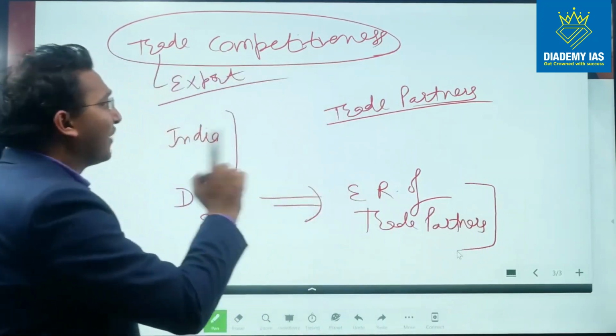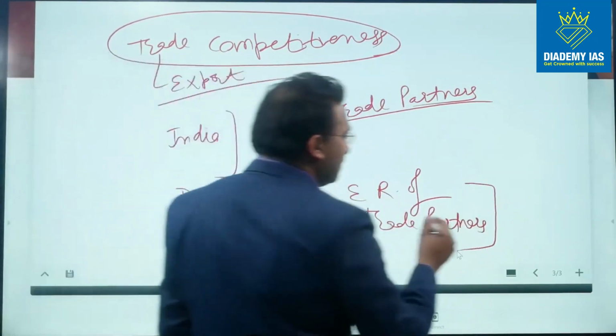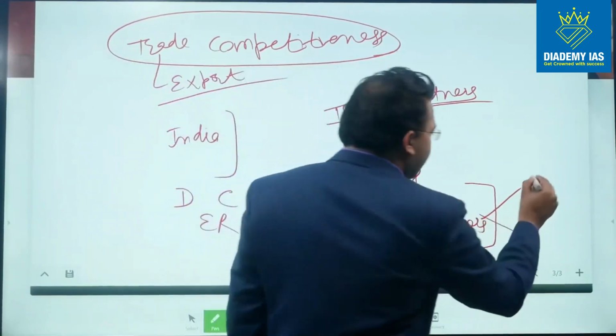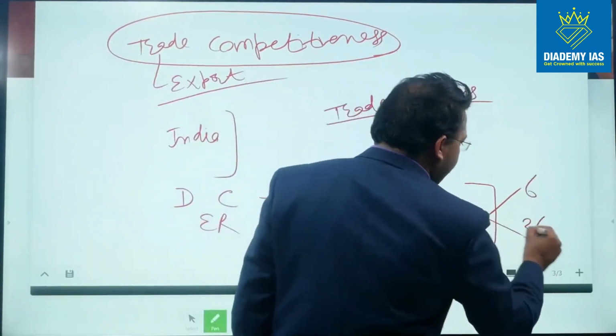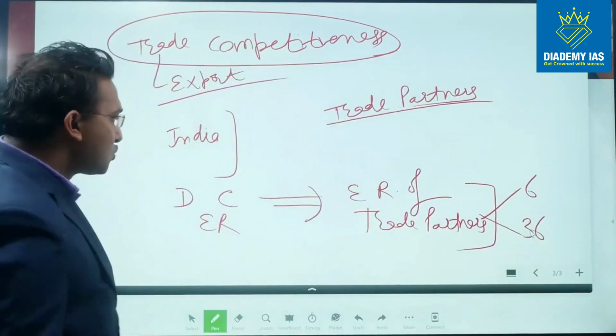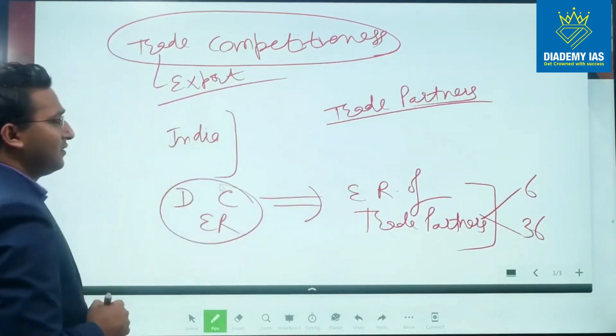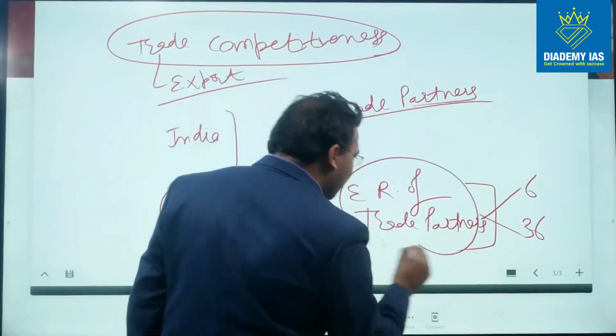For the purpose of calculating export competitiveness, we take two categories, the top 6 trading partners and the top 36 trading partners, right? So we establish the relationship between the domestic currency exchange rate and the exchange rate of trade partners.